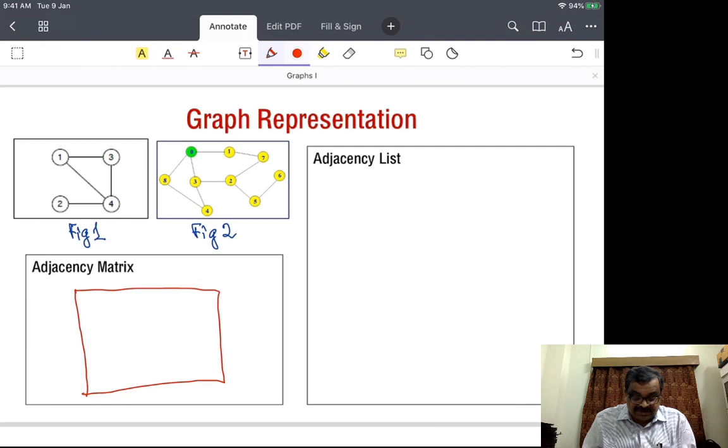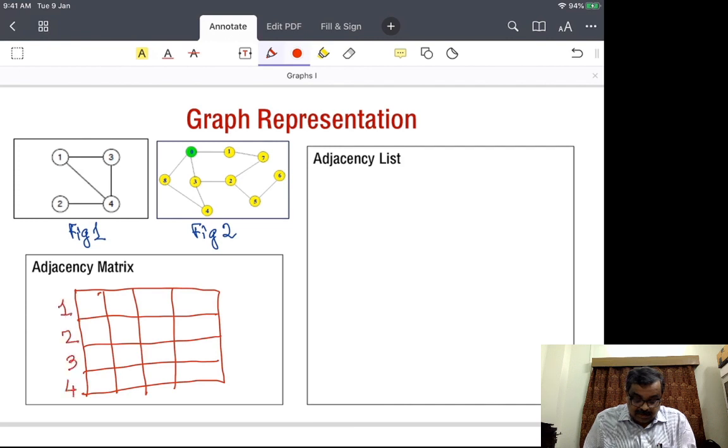So this is an array where we have, since there is no edge between 1 and 2, between 1 and 1 there is no edge, between 2 and 2 there is no edge, between 3 and 3 there is no edge. So if there is no edge, we mark with a 0.